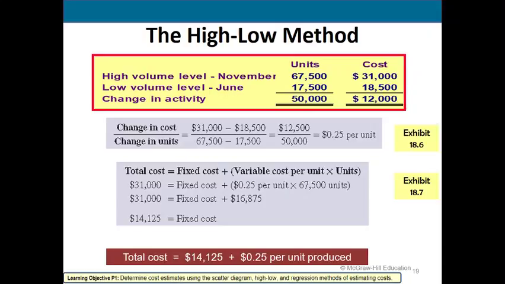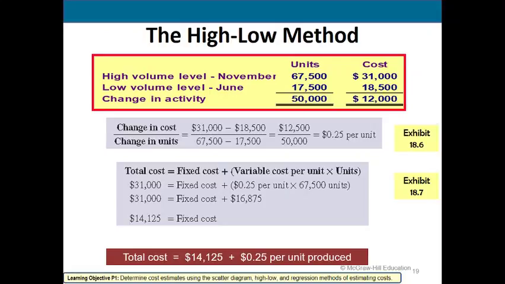So step 3 is compute the total fixed cost by computing the total variable cost at either the high or low volume level and then subtracting that amount from the total cost at that volume level. In this case, they took the high volume level of 31,000, so at 31,000 you're producing 67,500.